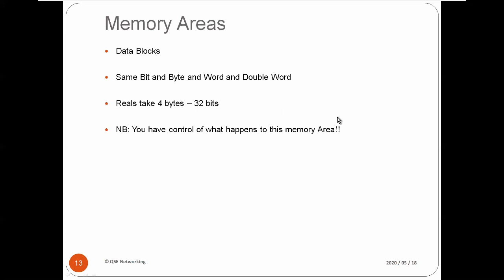So wherever you see a real register in a PLC, it will always be, say, DB100 DBD 0, data word double 0. And again, you control what happens to that DB in your program.